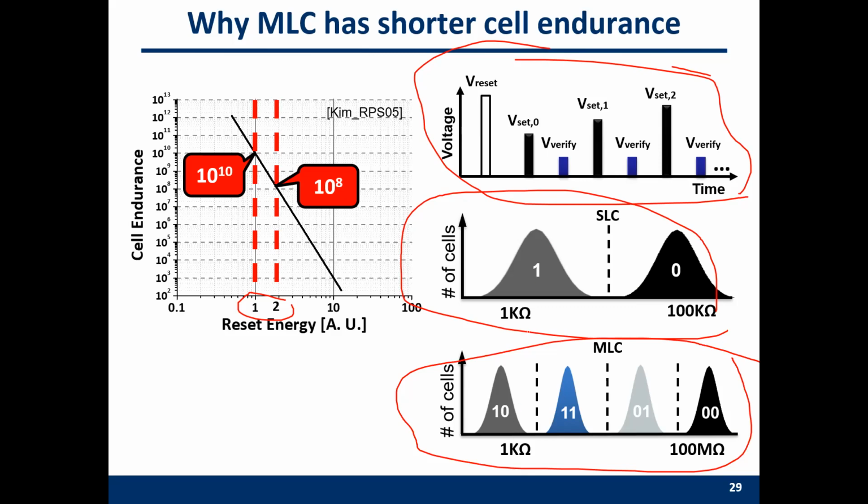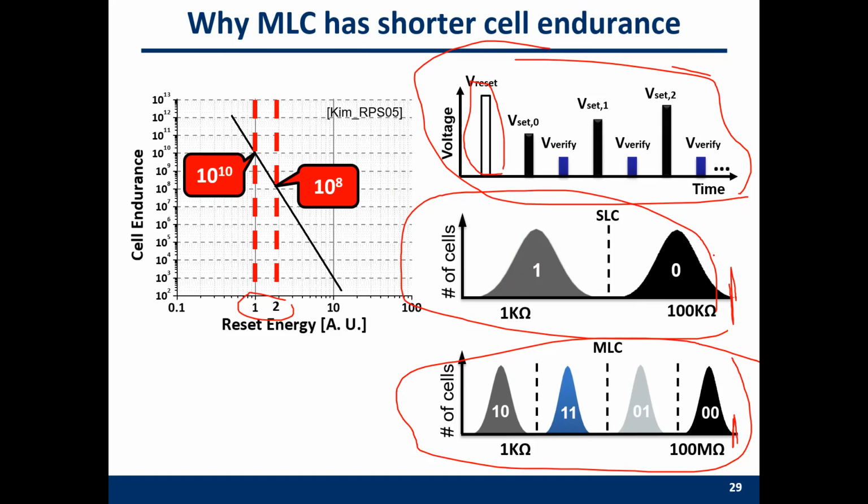In both types of cell, no matter whether it's a single level cell or a multiple level cell, we need a reset anyway to initialize the cell to the maximum resistance it needs. For the single level cell, because we only have 2 states, it has a smaller maximum resistance.